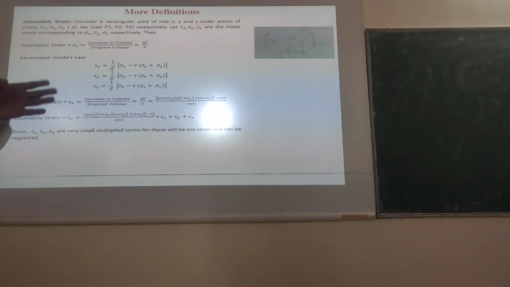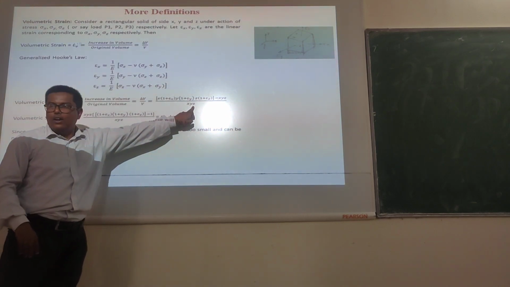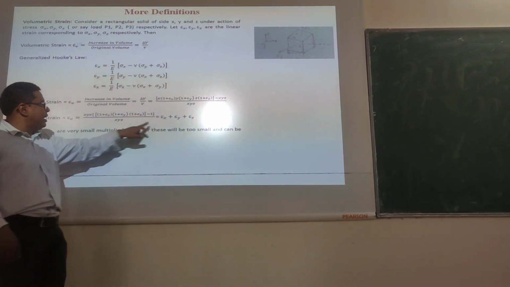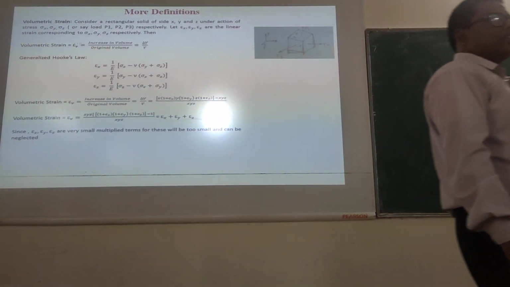If you neglect them, you get a very simplified term for the volumetric strain. Epsilon x, y, z you have taken common, so it cancels out top and bottom, and you get the very simplified term epsilon x plus epsilon y plus epsilon z.